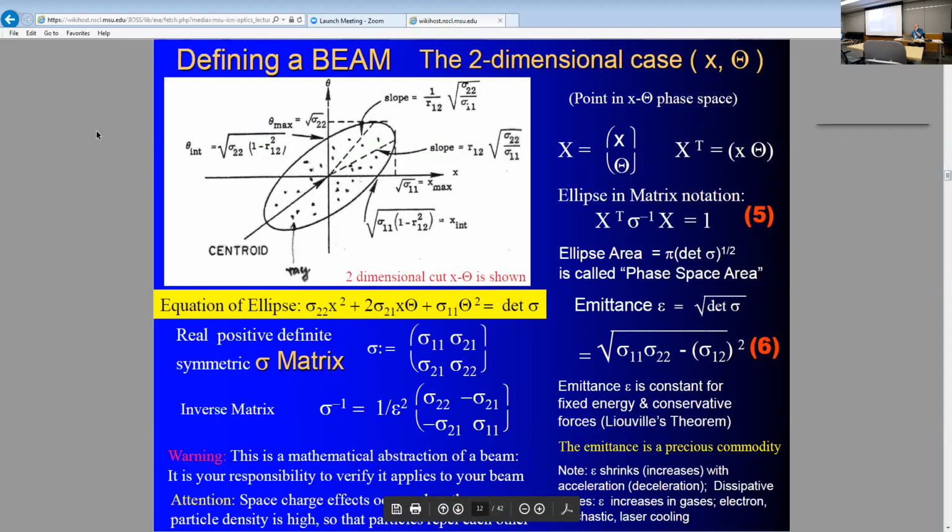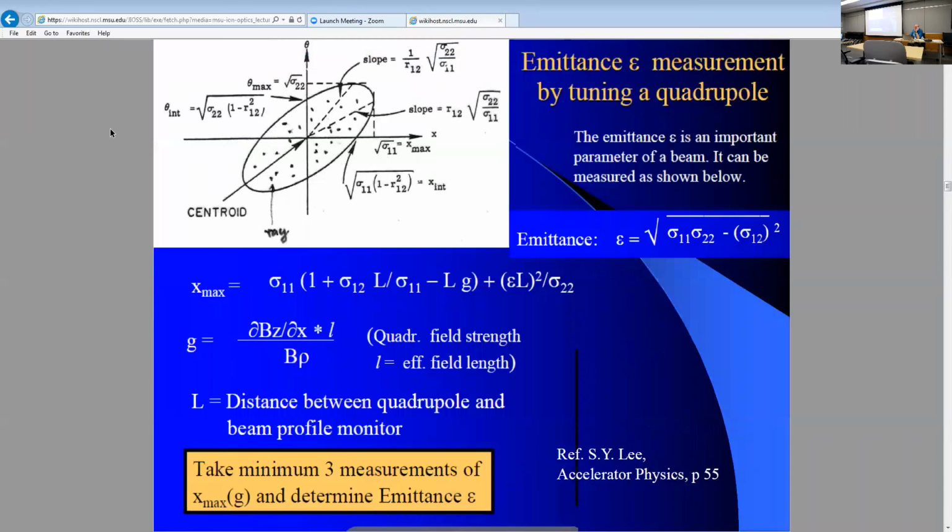So now, if you don't know the emittance, you have several methods to do it. If you have a quadrupole and a drift afterwards, so Q and L, then you can measure the emittance as follows.